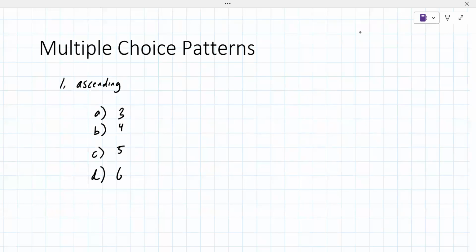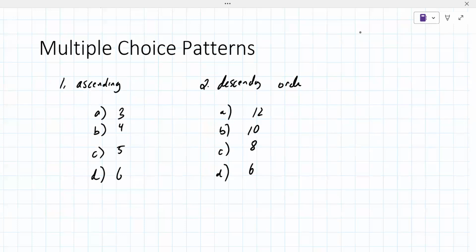You might see descending order. It doesn't have to be by one. It could be like 12, 10, 8, and 6. Okay. Got it. There's then what I call patterned answers.